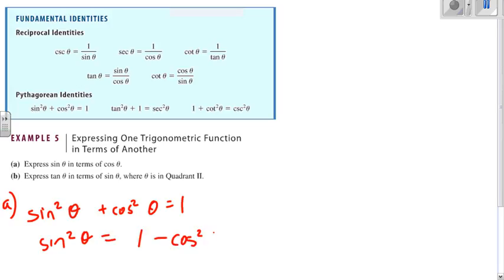So you get 1 minus cosine squared. And then to get rid of the squared on sine, square root both sides. Don't forget plus or minus. So sine equals square root of 1 minus cosine squared.